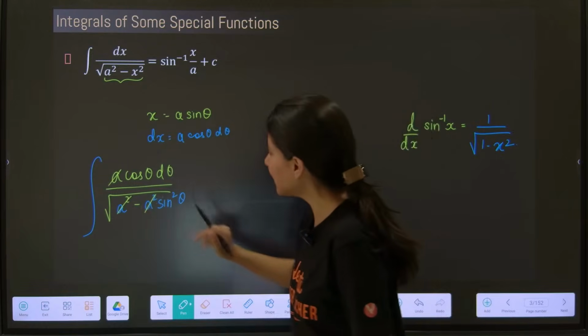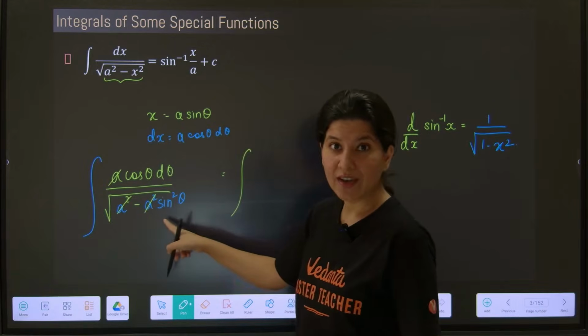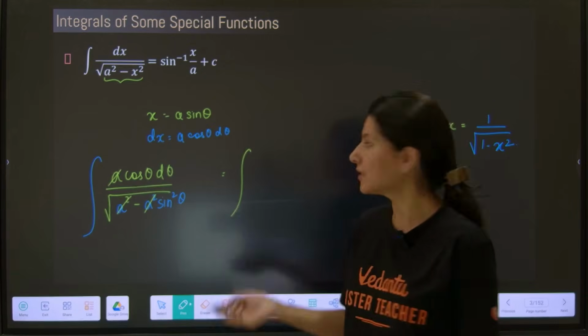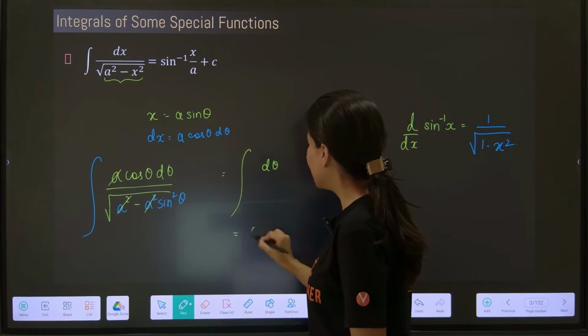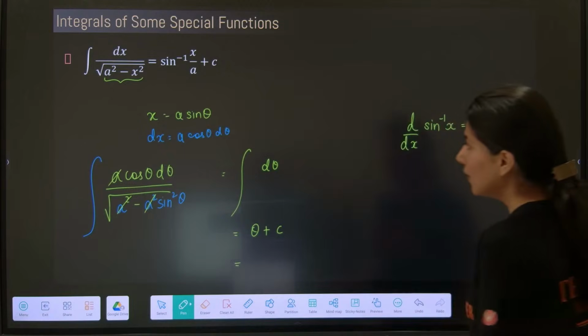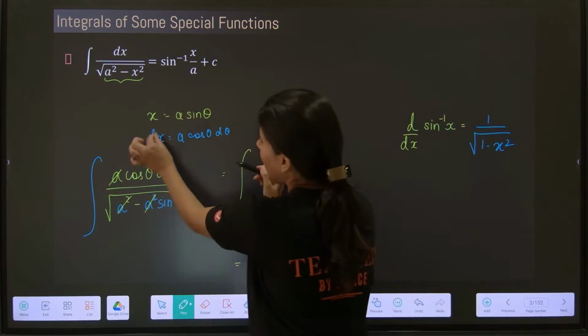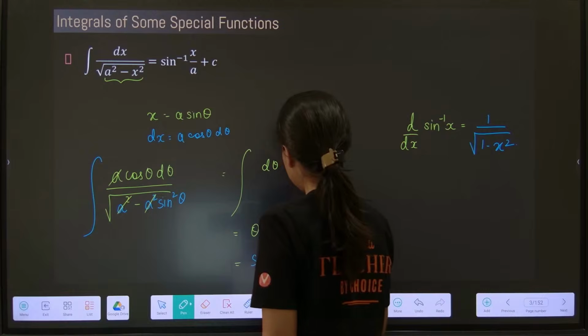So 1 minus sin square theta is what? Square root of cos square theta, which is cos theta. Cos theta cancels. So just d theta. So the integration will be theta plus c. What is theta now? So ma'am, theta is x upon a and then sin inverse. So sin inverse x by a plus c.